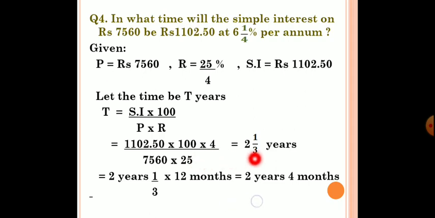Solving this, we get the answer as 1 by 3 years. Now 1 by 3 is something odd which we don't usually mention, so we will convert it into months by multiplying 1 by 3 into 12. So the answer will be 2 years, 4 months. So that's all for this part. Thank you.